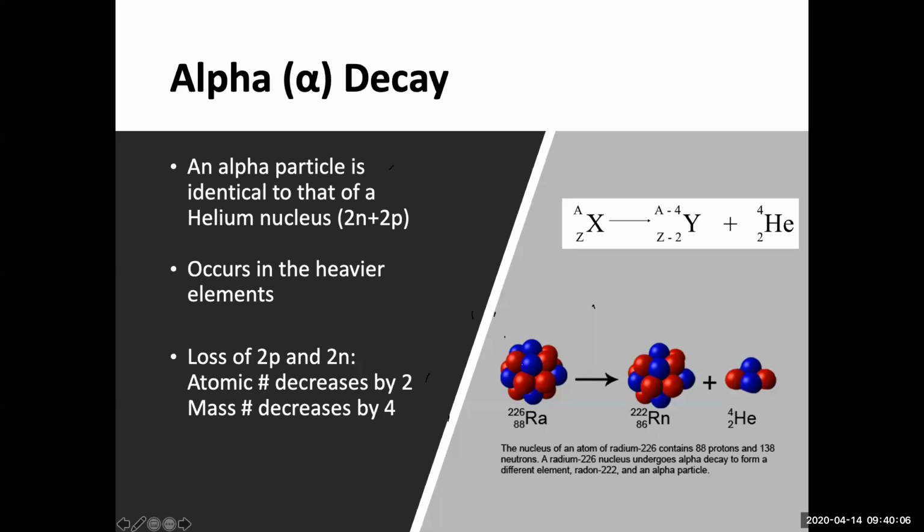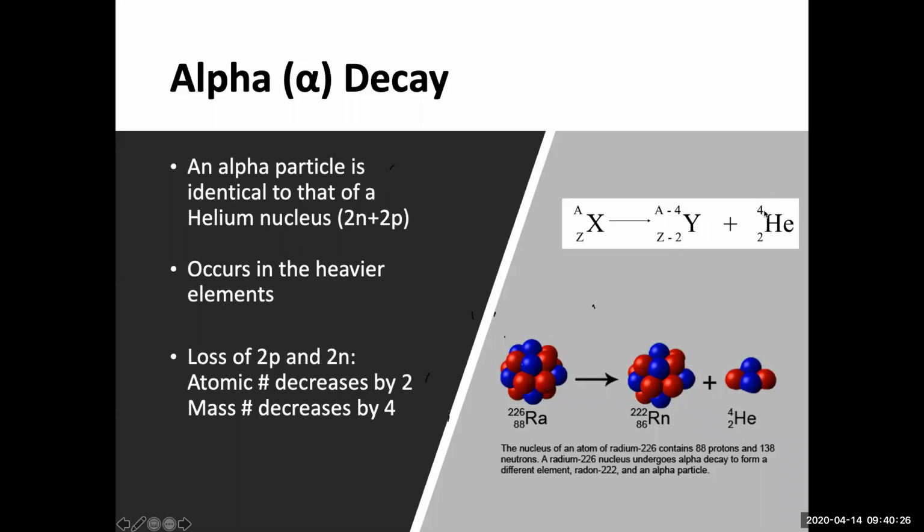We can see here that this is the parent decaying by alpha particle, and in the daughter the mass number A is reduced by 4 and Z is reduced by 2, because we lose 2 protons and 2 neutrons.